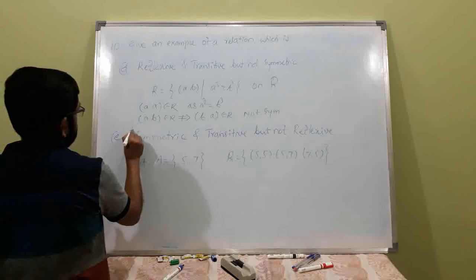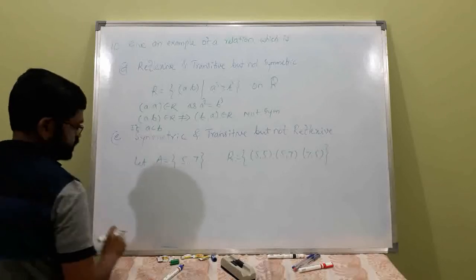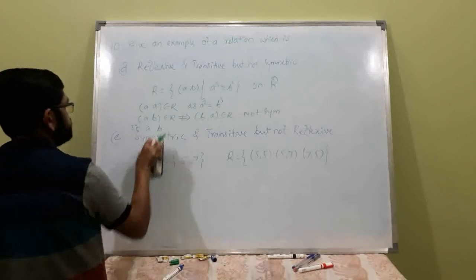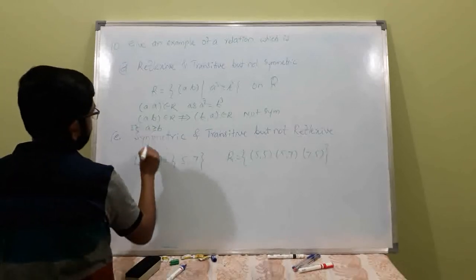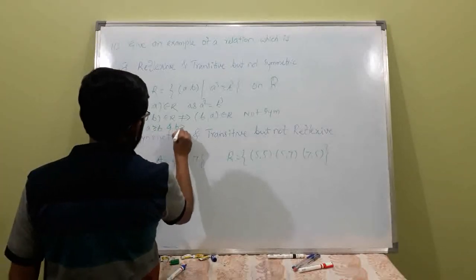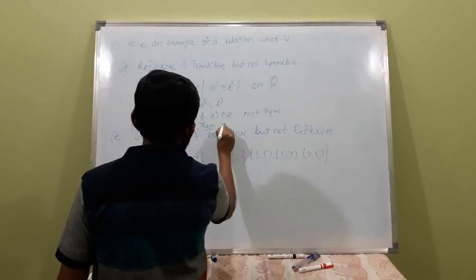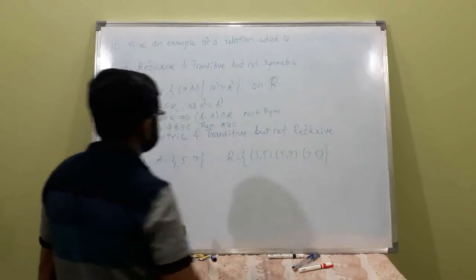If a is greater than or equal to b and b is greater than or equal to c, then obviously a is greater than or equal to c.